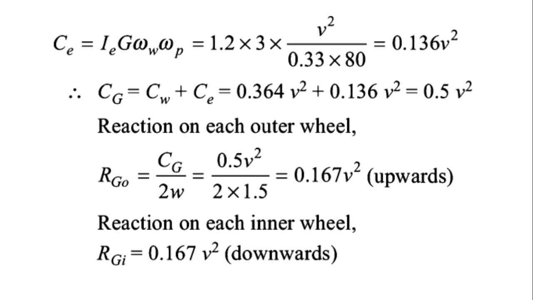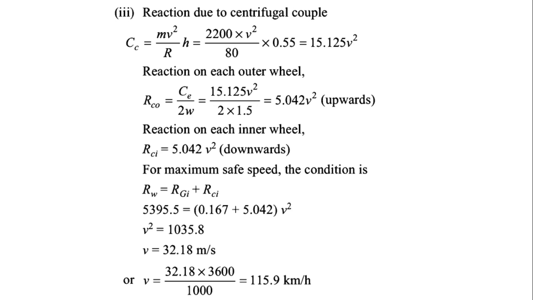So the reaction on each outer wheel, Rgo, will be equal to Cg by 2w, that is 0.5 V square divided by 2 into 1.5. So that will be equal to 0.167 V square, upwards. In the same way the reaction on each inner wheel, Rgi, will be 0.167 V square, downwards.